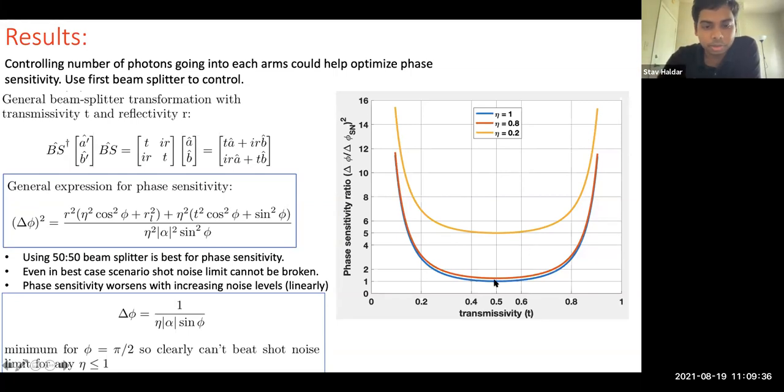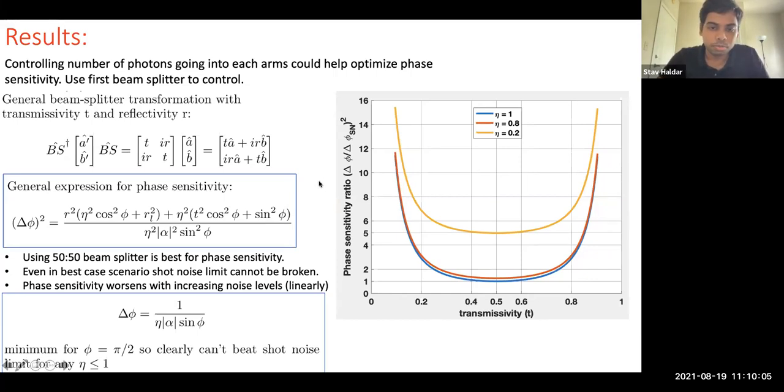With the coherent classical source, you can never beat the shot noise limit, because these are all ratios with the shot noise limit of 1 over alpha, and the best that you can do is shot noise limited. So the two lessons from here are that noise will lead to a reduction in your phase sensitivity, and that the 50-50 beam splitter is still the best.